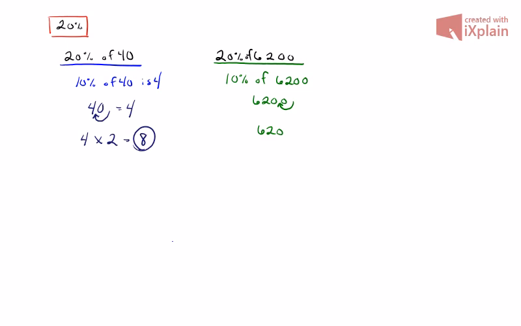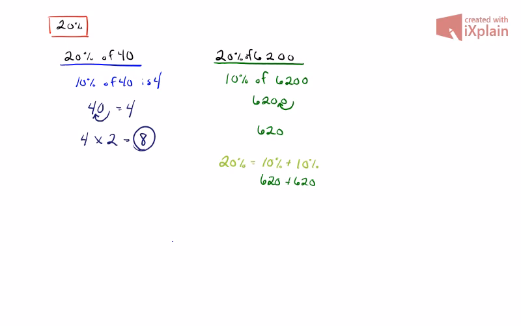Another way of looking at this is 20% is the same thing as 10% plus 10%. So that must mean if 10% of 6,200 is 620, then 20% must be 620 doubled.